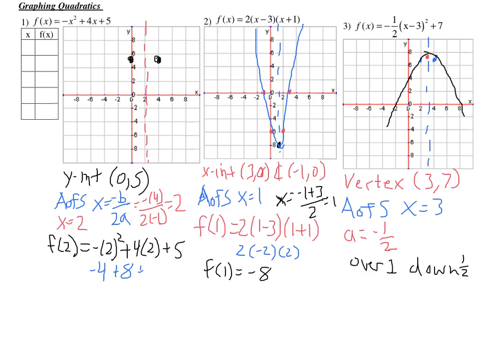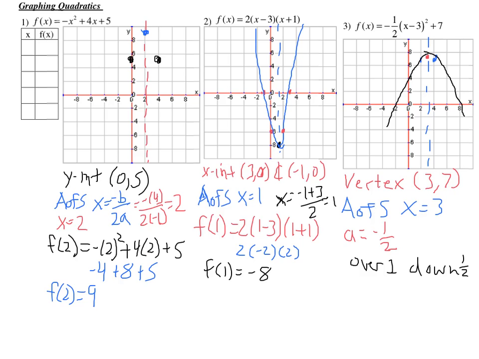And the 5. So f of 2, if we add all that up, what is that going to be? 9. If you add all that up, you should get 9. Can you put the coordinate (2, 9) on your graph? There's my vertex. Do you guys see the graph?